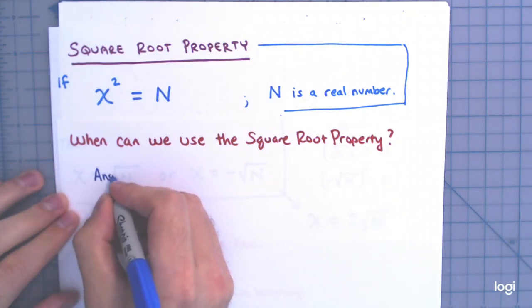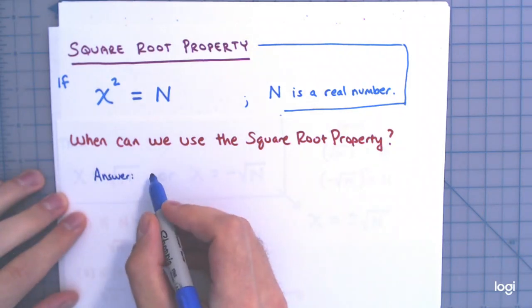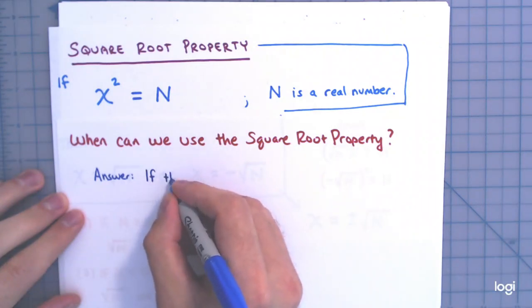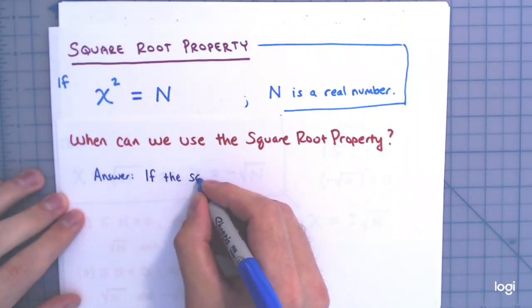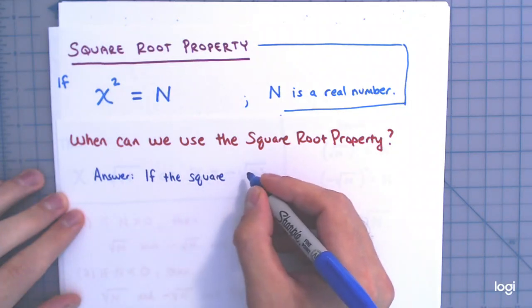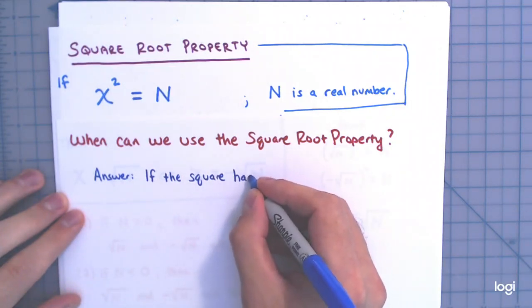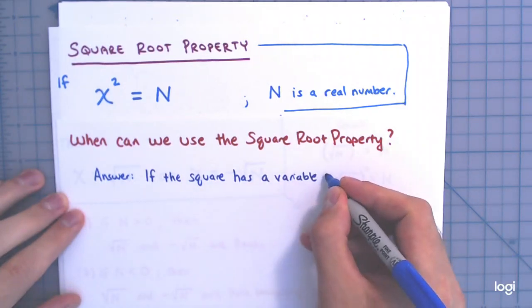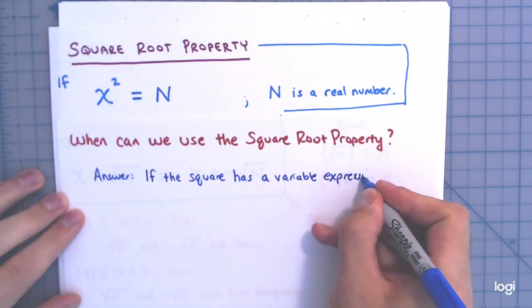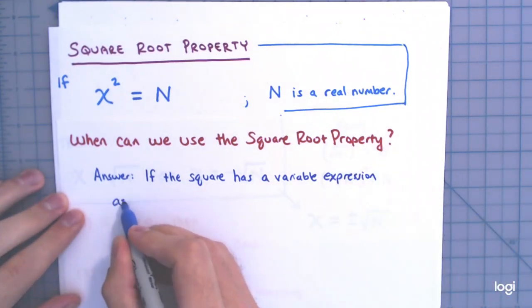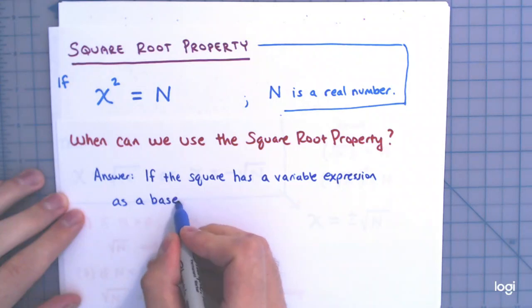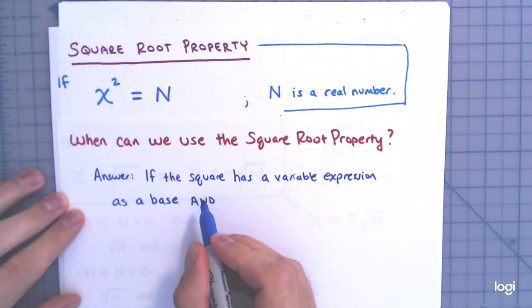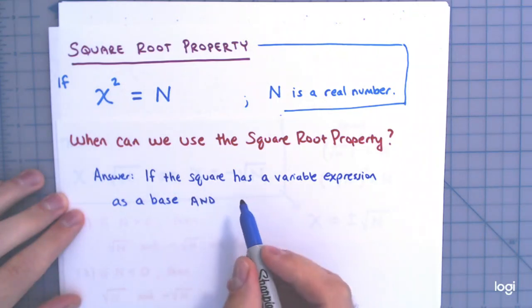So the answer to that question, if the square has a variable expression, right, so an expression with a variable in it as a base, and there are no variables anywhere else.